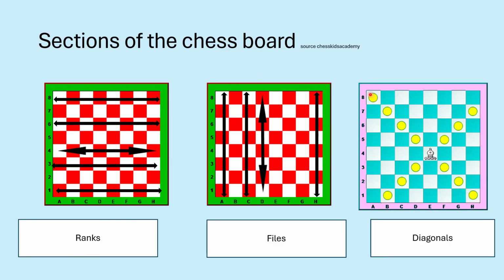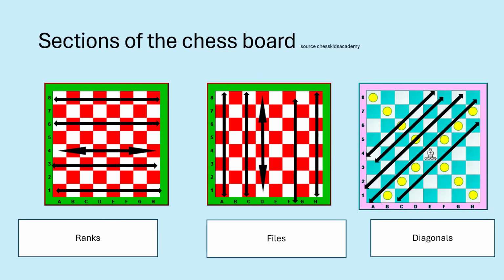You can see we have a long diagonal here, and we're going to talk more about the long diagonal as we go on. To be more specific, the diagonals slice through the chessboard. This is what they are very good at, and you're going to see the specific piece associated with the diagonals as we progress.